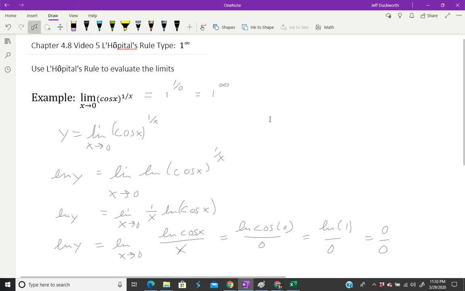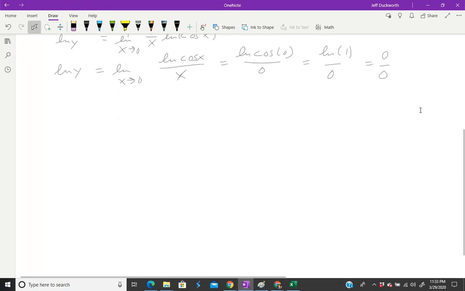So I'm going to, again, take the derivative of the numerator and the denominator separately. So let's use L'Hopital. Again, I keep ln of y. I'm not messing with that.